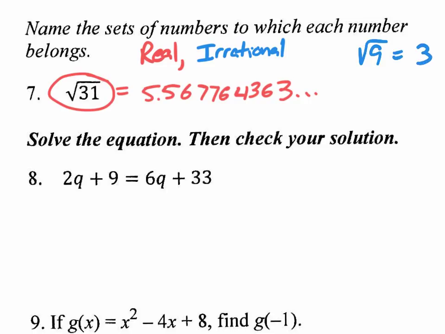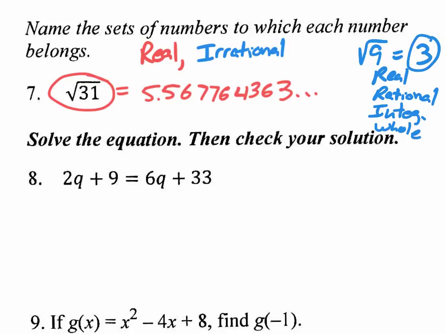So then you would say, oh, the number 3, it's real, it's rational, it's an integer, it's a whole number, it's natural. It would be all of those groups because the 3 is all those groups. So I hope you guys go back and review the classification of numbers for that section.